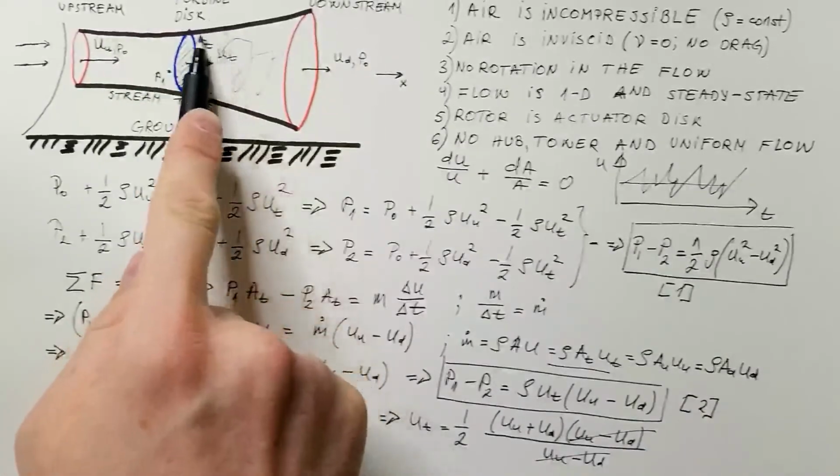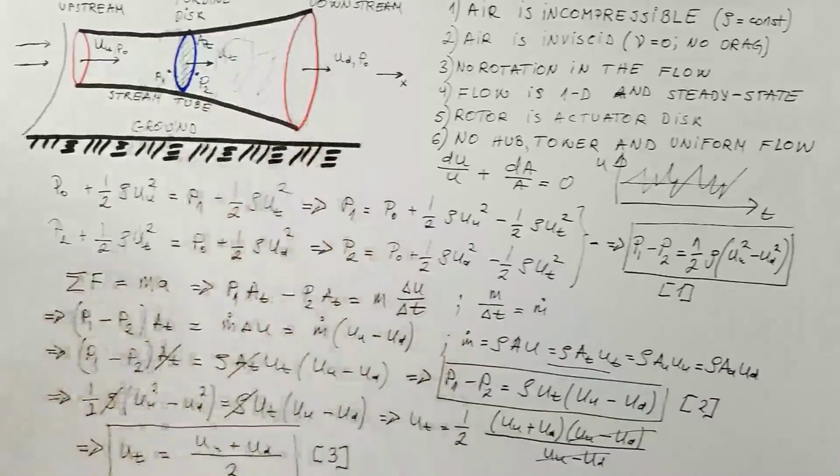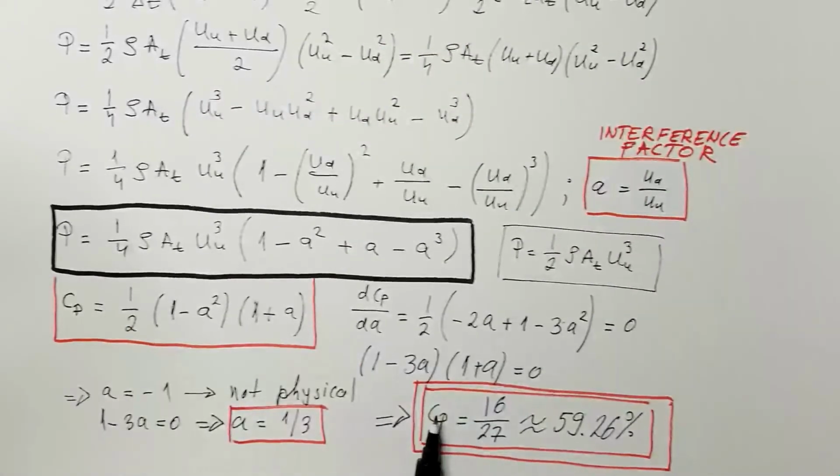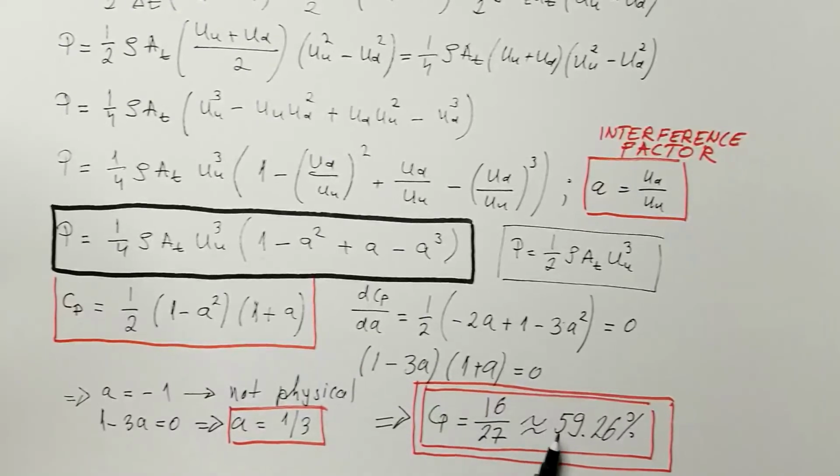And also there is some air that enters and leaves this stream tube. So all these could in principle be accounted for one way or another. And a more realistic value of Cp is 40 to 50% rather than 59% that is the theoretical maximum.